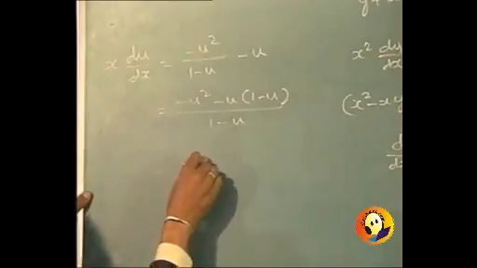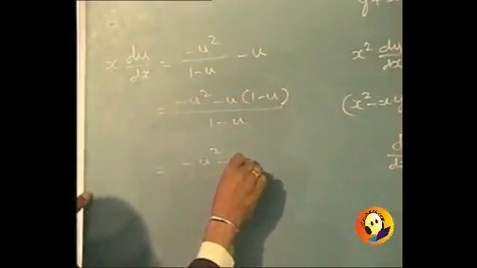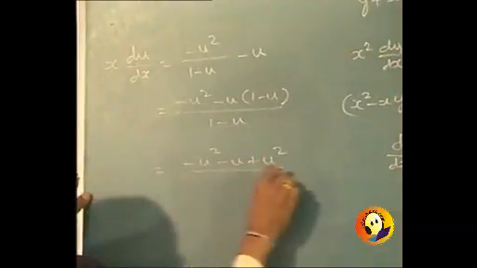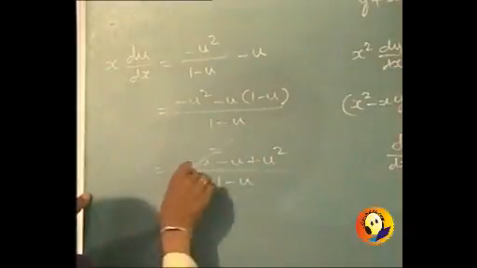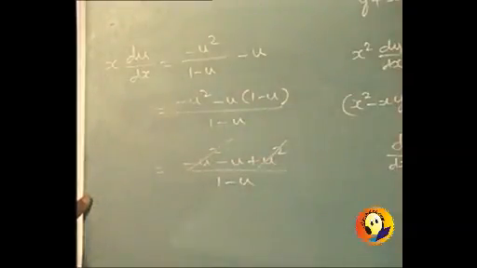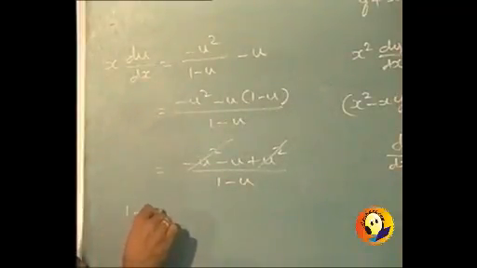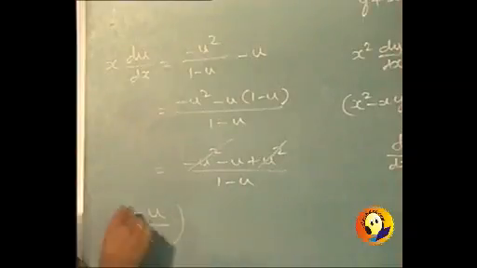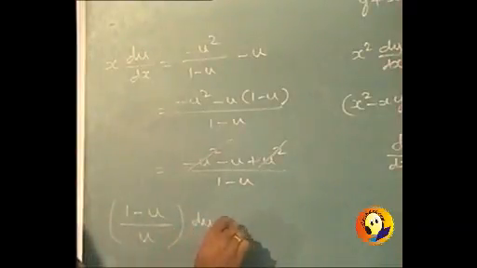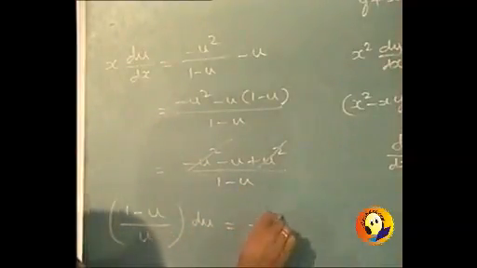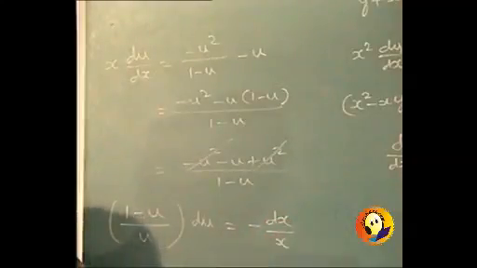So it will be minus u square minus u plus u square upon 1 minus u. U square cancels. And now this can be rewritten as (1 minus u) upon u into du equal to minus dx upon x, which is variable separable.